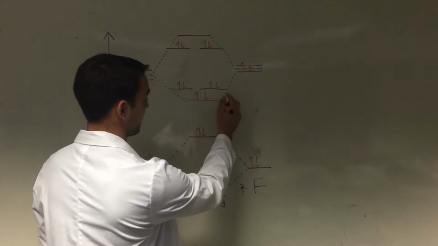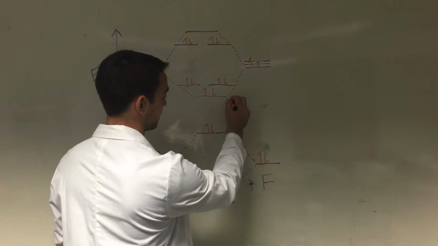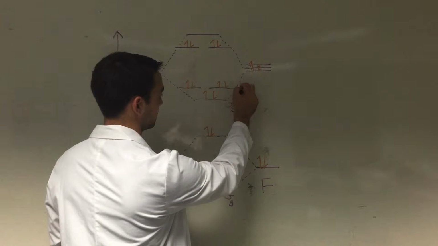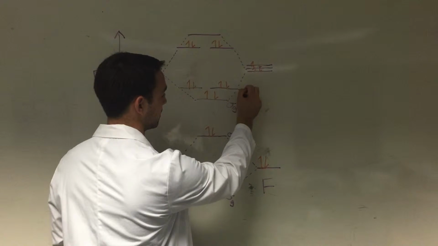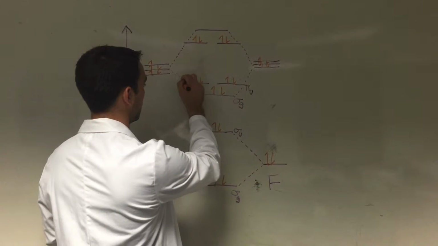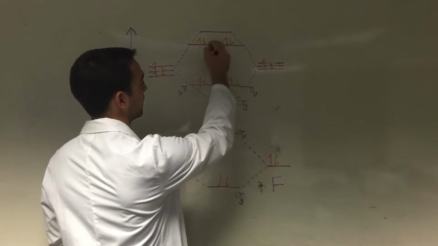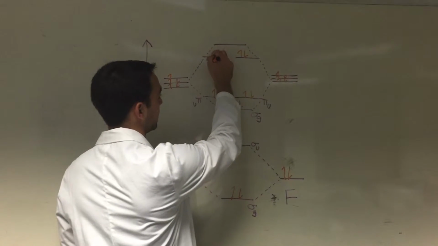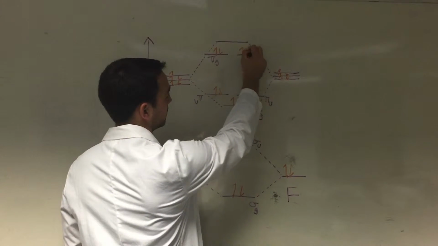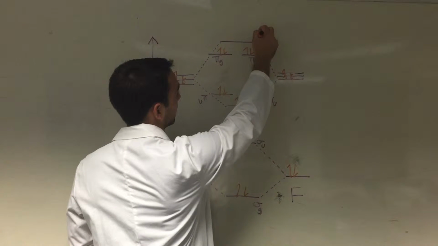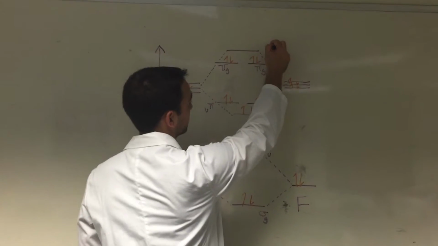And so we have sigma G, and these both are pi U, and then this one now is pi G, and here we have sigma U.